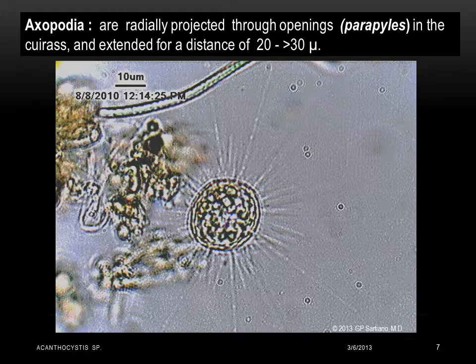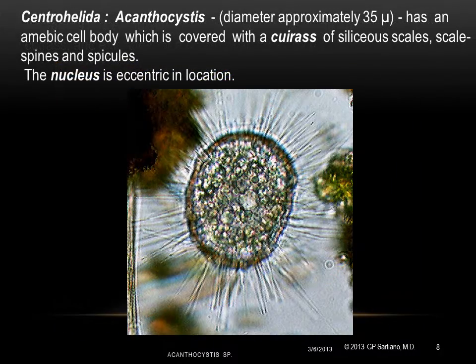The axopodia are radially projected through openings in the cuirass and are extended for a distance of 20 or 30 microns or more. Since the center of the cell is occupied by the axioplast or centroplast, the nucleus is eccentric in location.